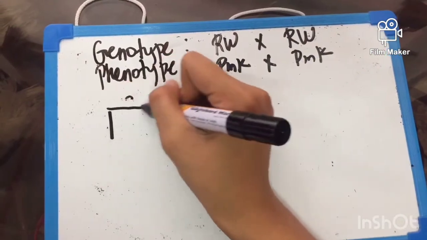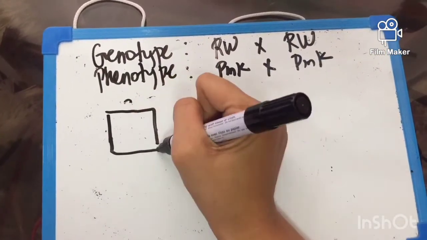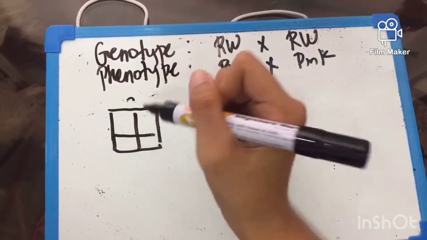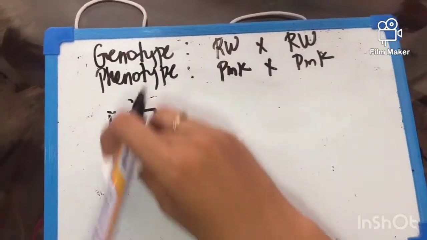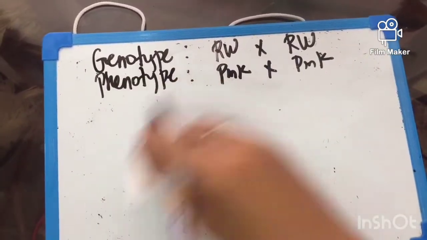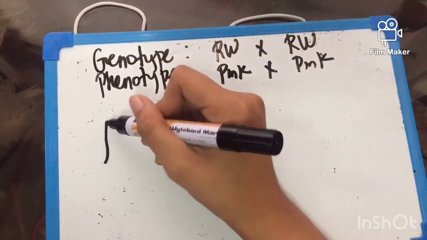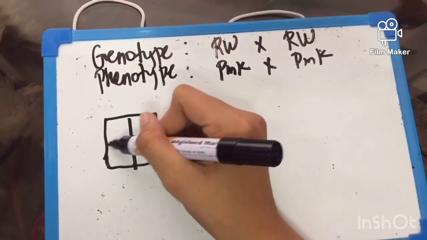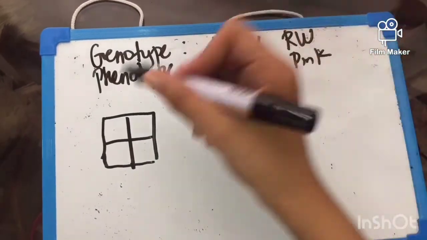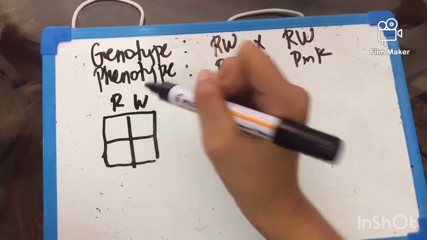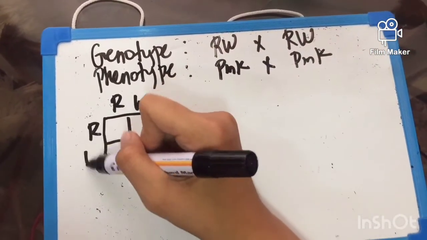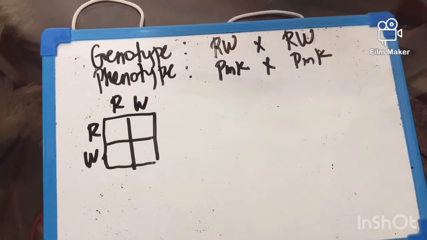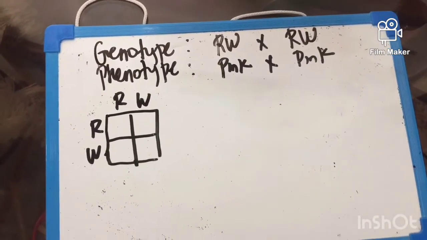Let's do the Punnett square. Let's make it bigger. So you put here the R, W, R, W. So that is how you make the Punnett square.